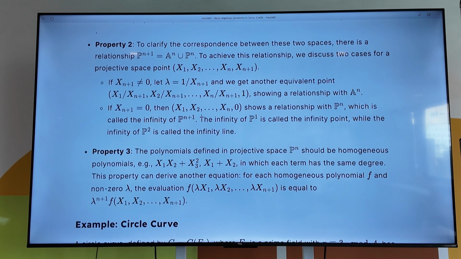So it's exactly another projective space with n dimension. These two cases show the relationship between projective space and the affine space.